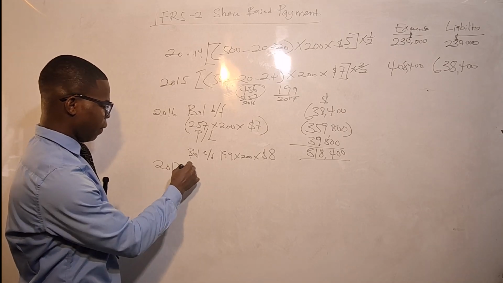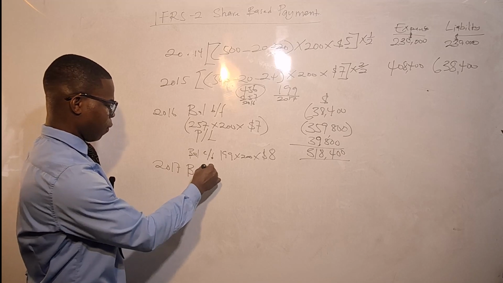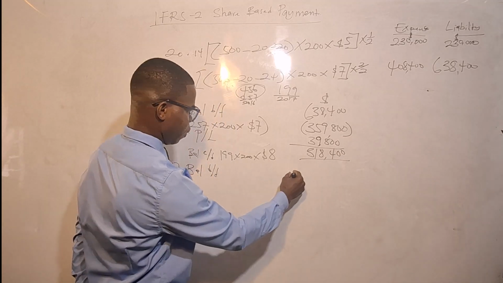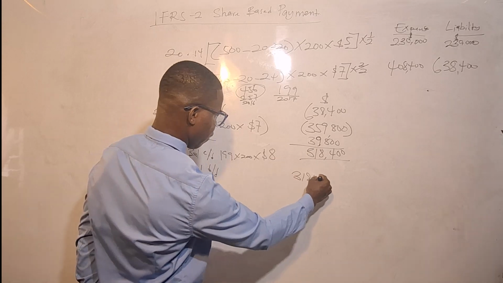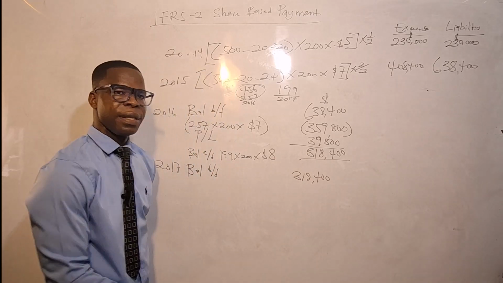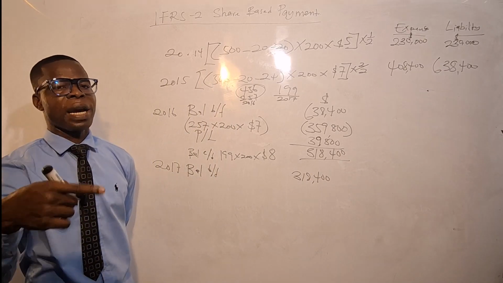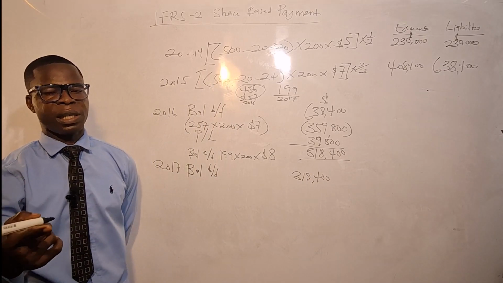Okay, now let's go to 2017. In 2017, our balance brought forward will be this one, the balance sheet in 2016, so it's going to be 318,400. Now, in 2017, the question indicated that the 199 employees are also exercising their share appreciation rights.